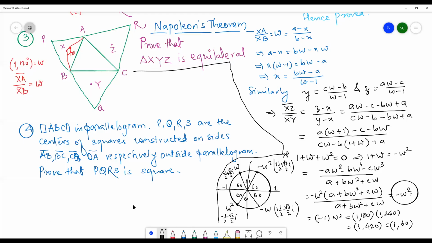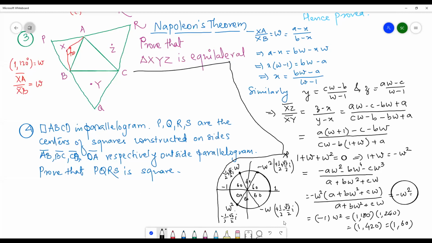Okay, in problem number 4, what you have is a 90-degree rotation that eventually you have to show. Therefore, it should be relatively easy. However, how are you making use of this statement that ABCD is a parallelogram? Explain. Opposite sides are equal, so you can take everything in terms of those sides.